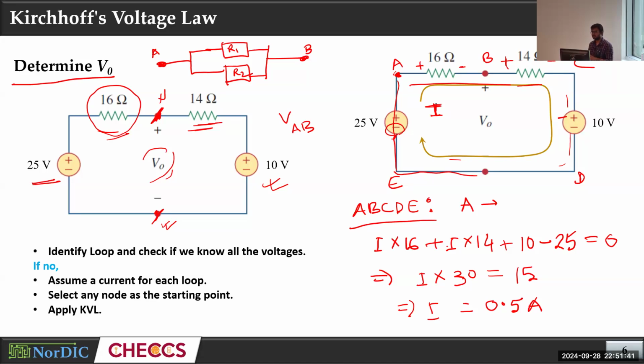That's the rule of parallel connection. You can have 10 resistors connected in parallel between A and B, and all of those 10 resistors will have the same voltage VAB.